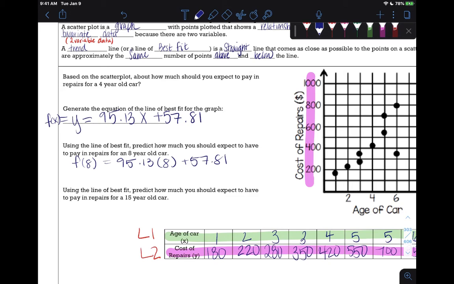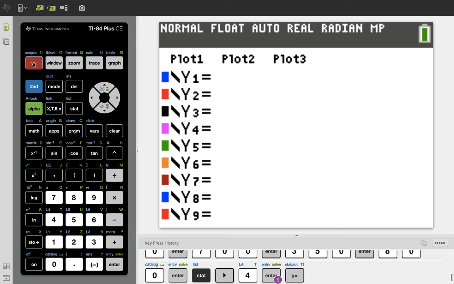That's some serious math, so I definitely want to use my calculator, and since I'm going to be using this for a 15-year-old car as well, I'll just plug it in.